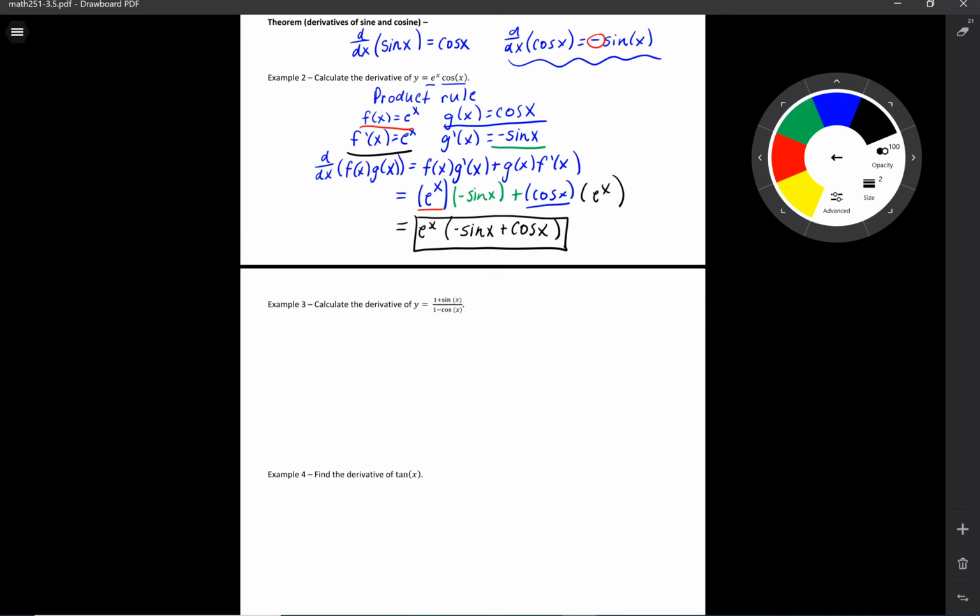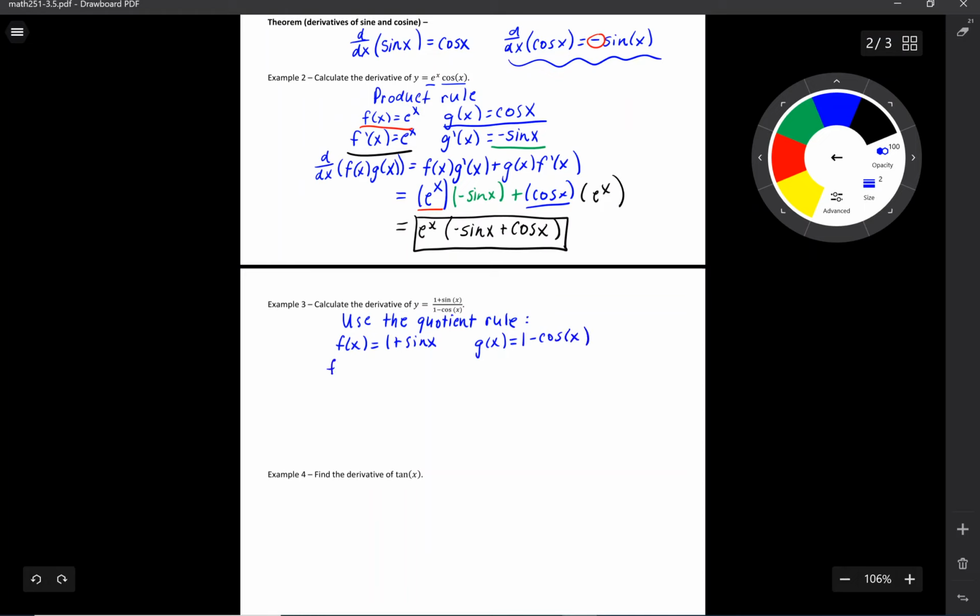All right, let's try this one out. So I'm going to have to use the quotient rule. And with the quotient rule, I have my top function labeled as f, which is 1 plus sine x, and my bottom function labeled as g, which is 1 minus cosine of x.